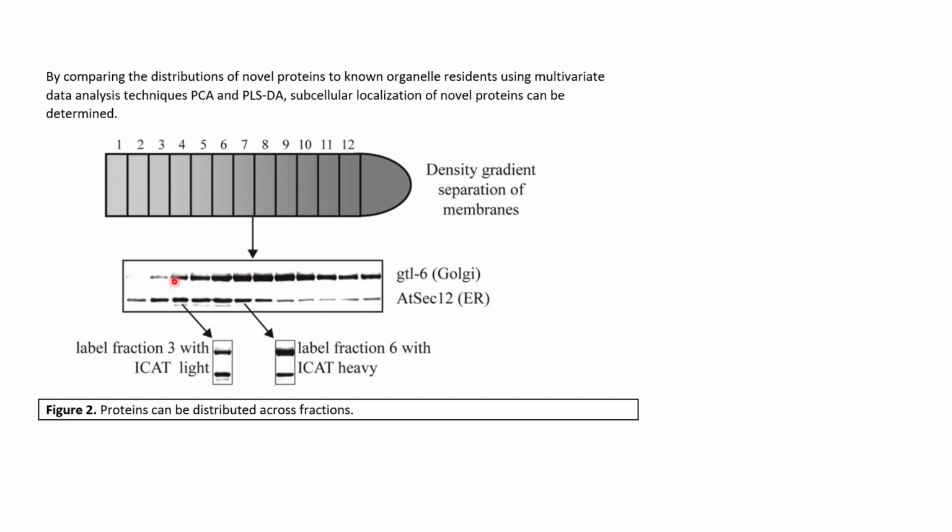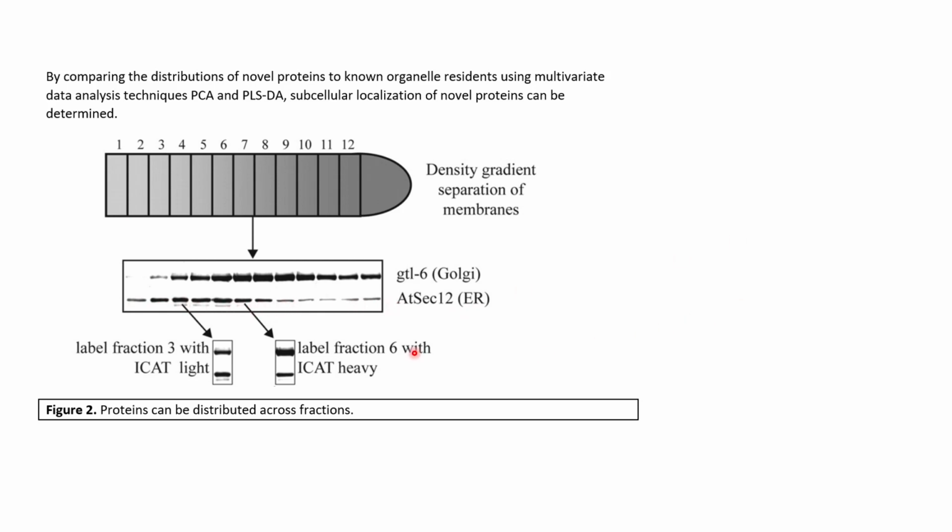But then its concentration changes as you go along the fractions. And this is a Golgi protein. Contrastingly, ER proteins will have a different distribution across the fractions. So this AT-Sec12 protein, it's high in fractions 2, 3, 4, and then tails off.